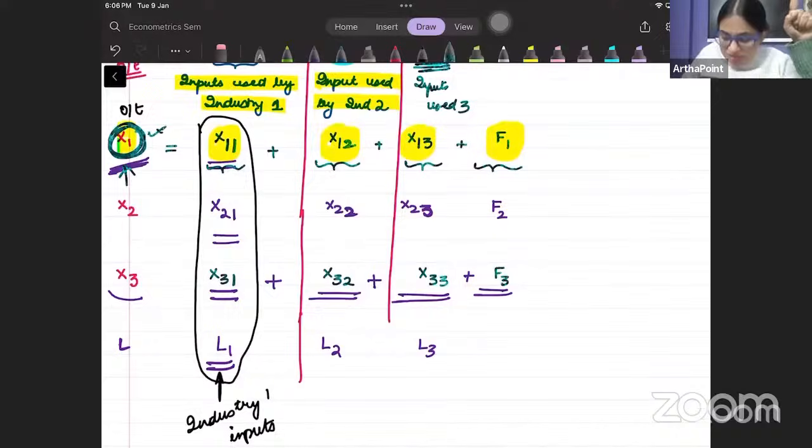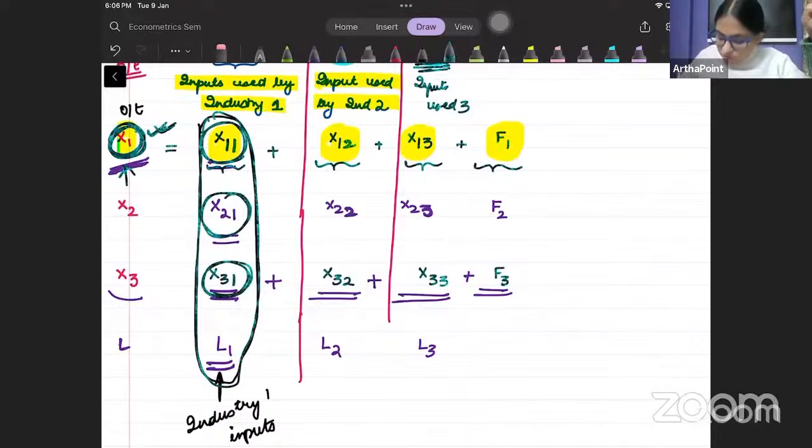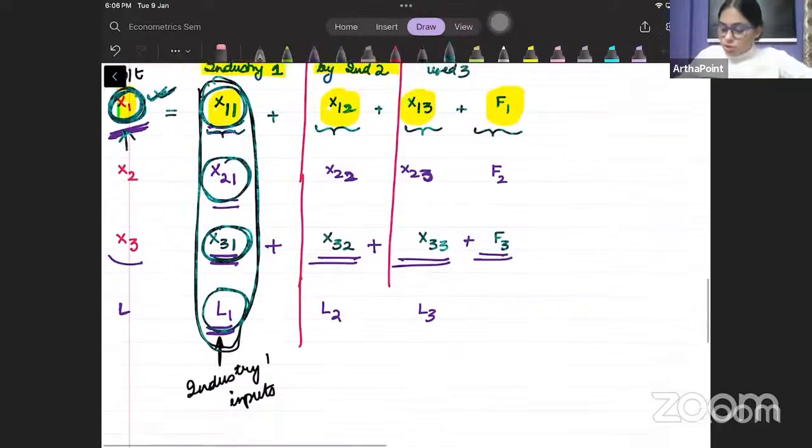But to make this output, इस output को बनाने के लिए, this industry used these many inputs. It used x11 units of input 1, x21 units of input 2, x31 units of input 3 and L1 units of labor. ये inputs लगे हैं.